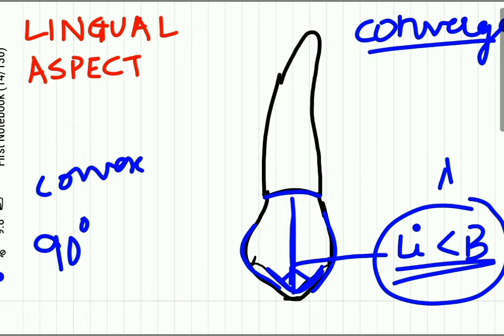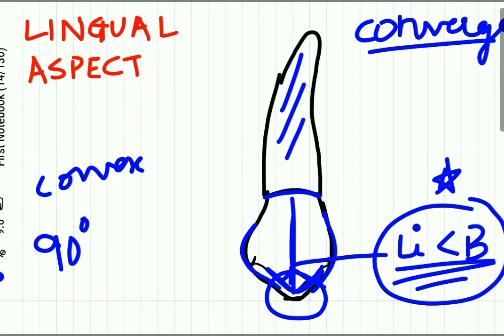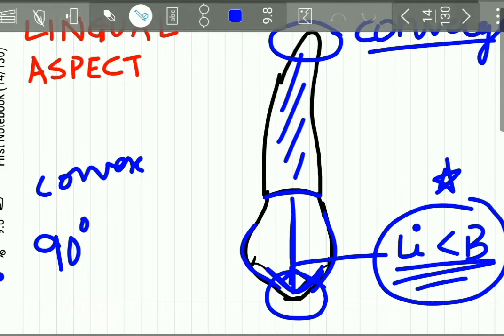This I have told you, a very important point in the maxillary first premolar. Now, as this lingual cusp is shorter than the buccal cusp, the cusp tips of both the buccal and the lingual cusp can be seen from this aspect. The lingual portion of the root is quite smooth and the apex of the root appears to be blunt.